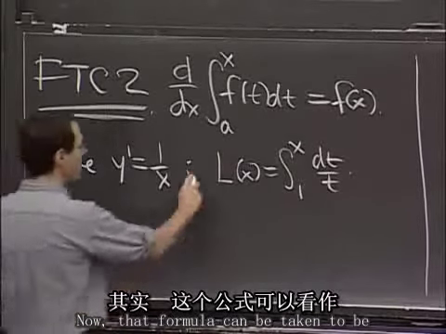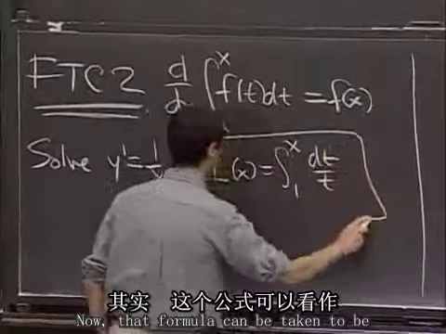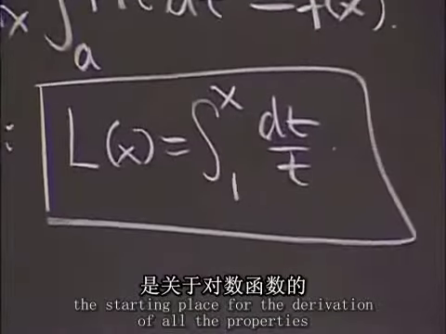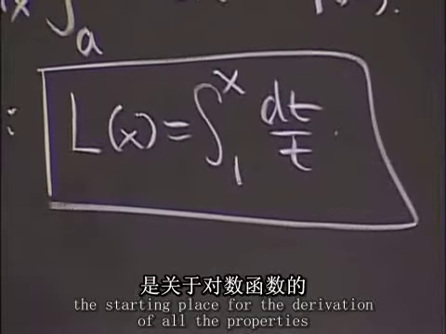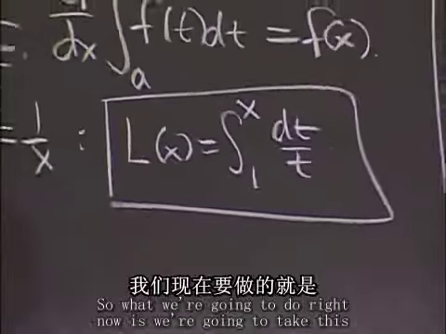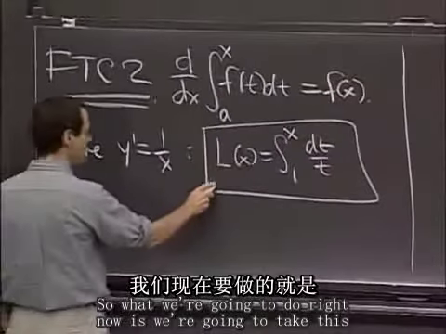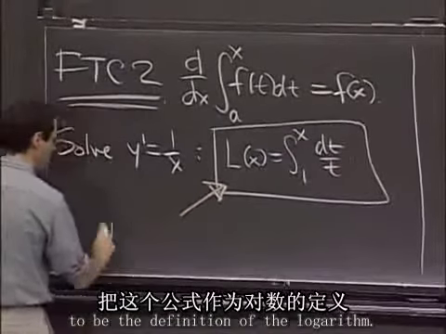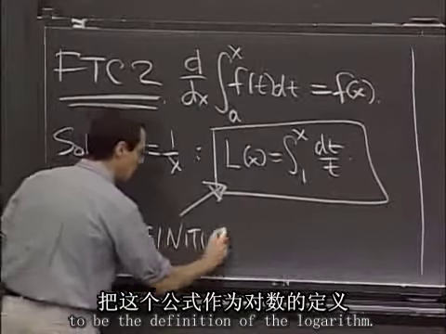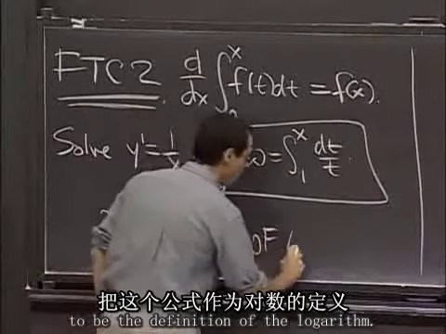Now, that formula can be taken to be the starting place for the derivation of all of the properties of the logarithm function. So what we're going to do right now is we're going to take this to be the definition of the logarithm.